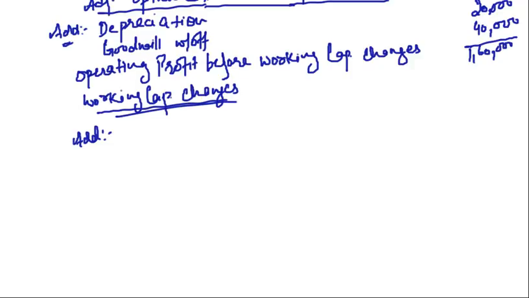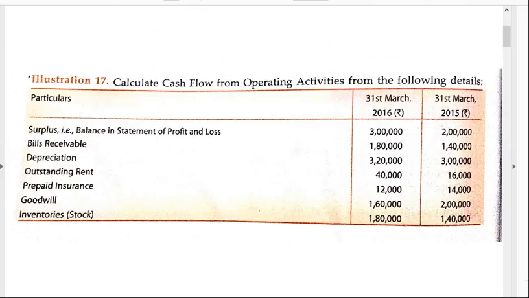So let's see how to treat this. Bills receivable, it is a current asset for us. Earlier it was 1,40,000, now it is 1,80,000. There is an increase in the value of a current asset. Now what to do? Current assets move in opposite direction. Increase in value will be subtracted.